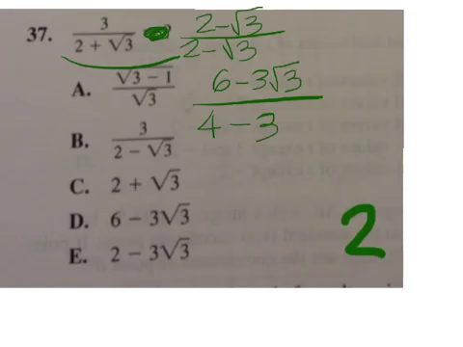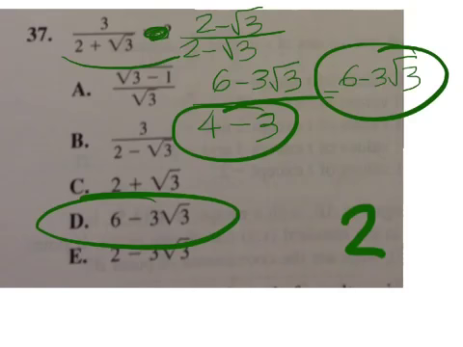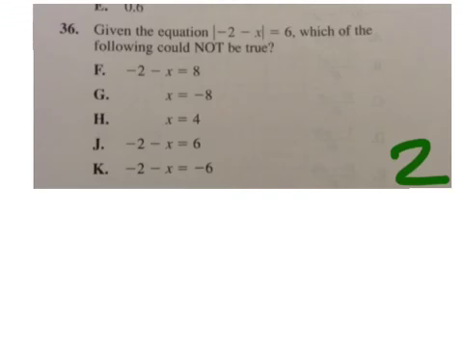Because you could have a 2 square root of 3 and a minus 2 square root of 3, and they would cancel out to 0. So 6 minus 3 square root of 3, and that's a 1, so it's gone. Answer is D.